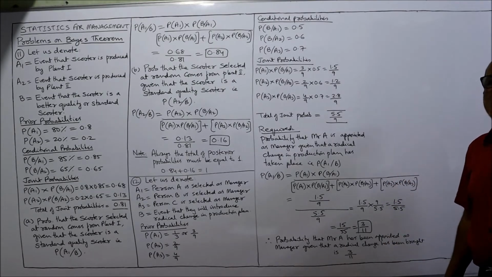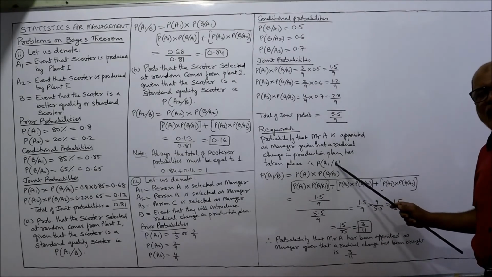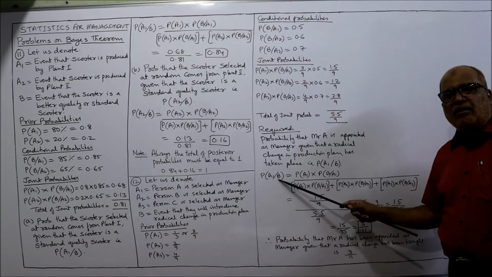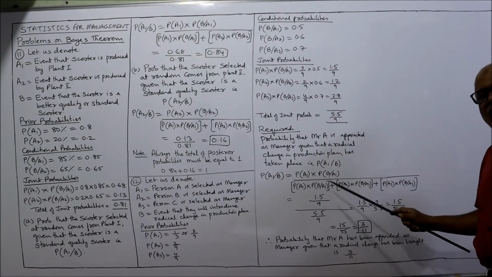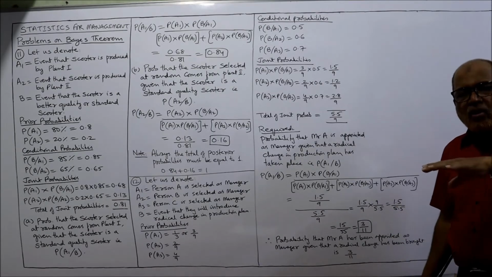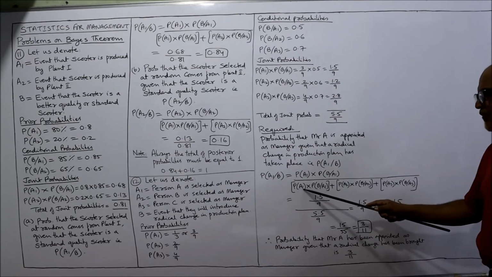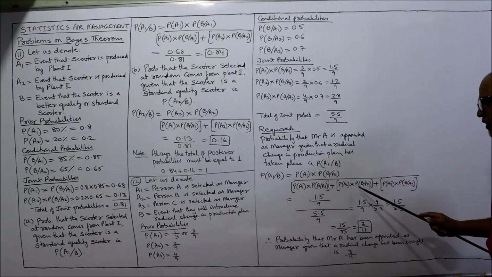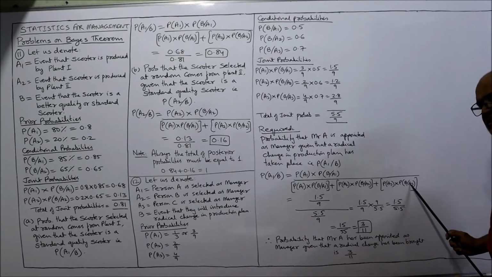That means we have to find P of A1 given B. The formula for P of A1 given B is P of A1 into P of B given A1 divided by the sum of all the joint probabilities. That means P of A1 into P of B given A1 plus P of A2 into P of B given A2 plus P of A3 into P of B given A3.